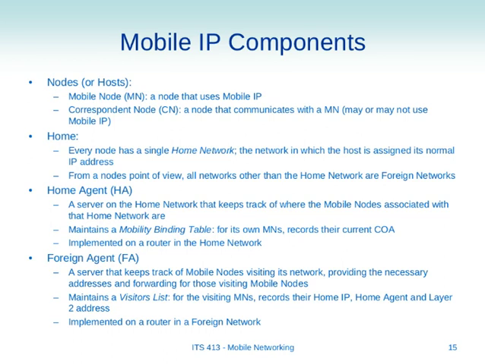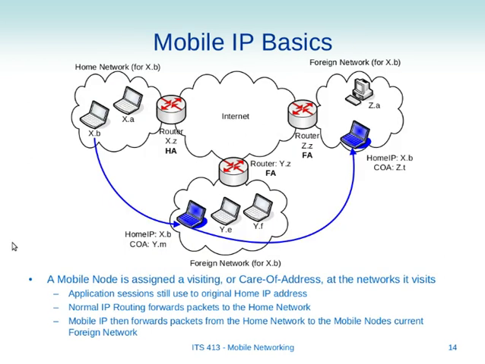That home agent maintains what's called a mobility binding table. For its own mobile nodes, it records their current care of address. That is, our home agent X.Z has a table, some data structure, that records when X.B has moved to here, what its care of address is.